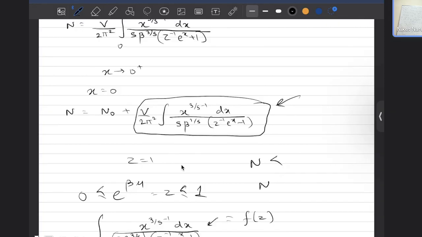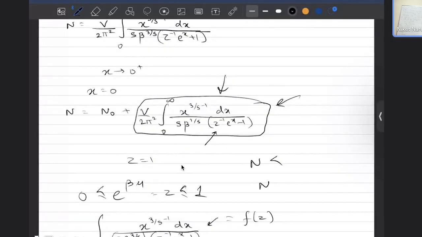So basically at z equal to 1, which is the highest value of this term, I will be able to evaluate this function to some constant number. Once I evaluate this number, if I push in more particles than the number that we have evaluated here, then obviously the remainder particles have to settle down at the ground state, which we will not be able to calculate using this boxed function, because the integral is going from 0 to infinity, and it is slightly above 0 that the integration starts.